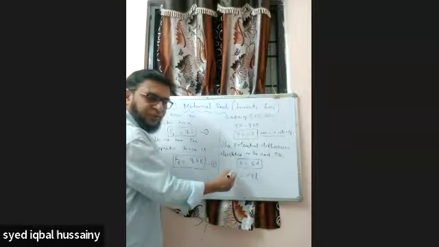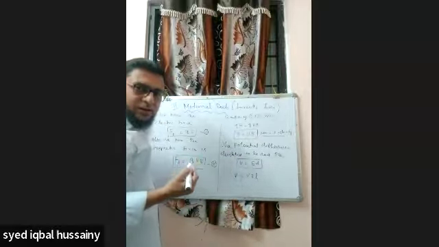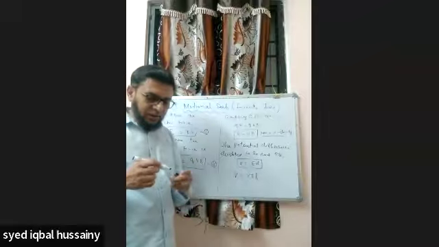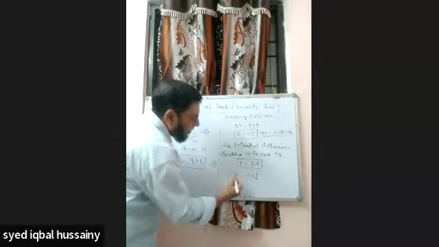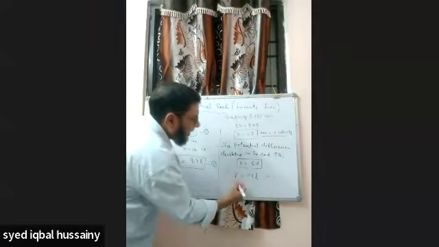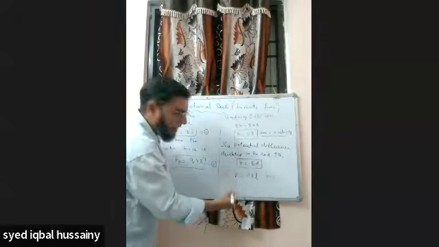So for potential difference V, the other symbol we use, can anyone tell me what the other symbol for V is? Say quickly. EMF. Very good. So instead of V you can write EMF.